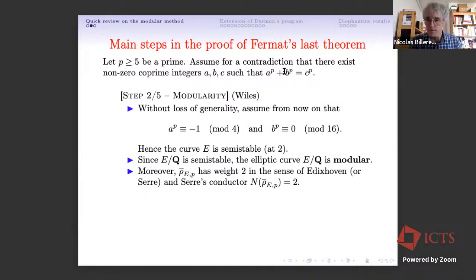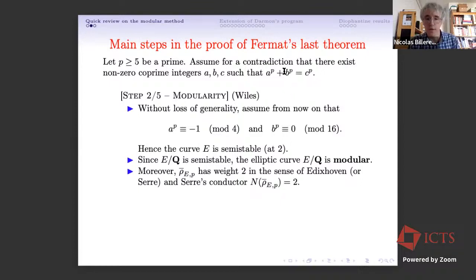That is just because you can swap a and b, and one of them has to be even, so you decide that that's going to be b, and p is greater than or equal to 5, so it's even congruent to 0 mod 32. And since a^p is odd, it has to be congruent to plus or minus 1 mod 4, and you can just multiply the whole solution by -1 if necessary, and so without loss of generality, you can assume these congruence relations.